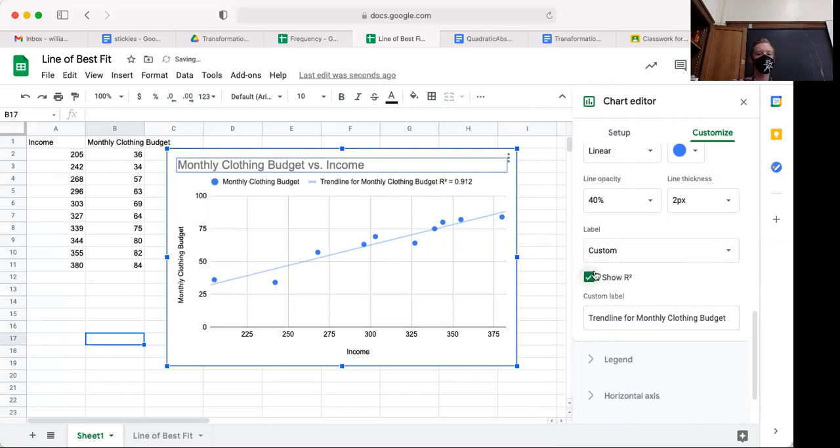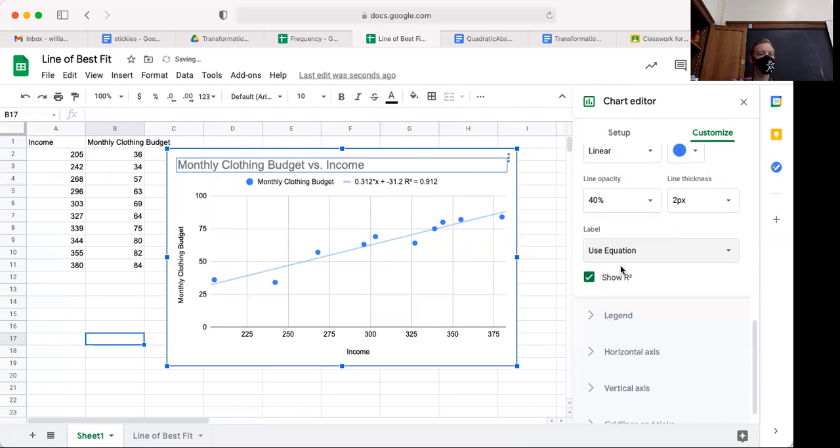And what that does is it changes the description that we had up here for the line to this equation right here.